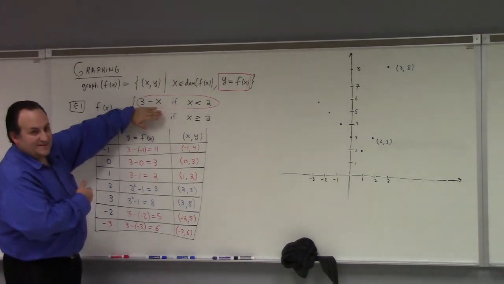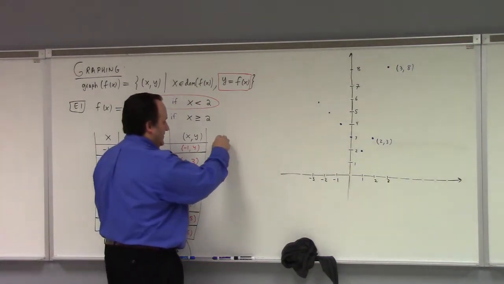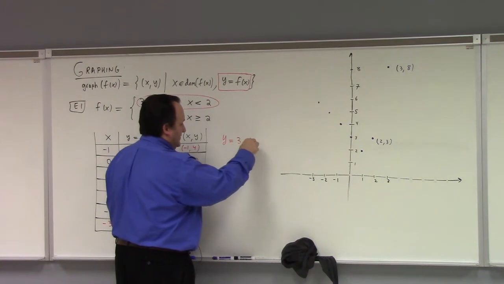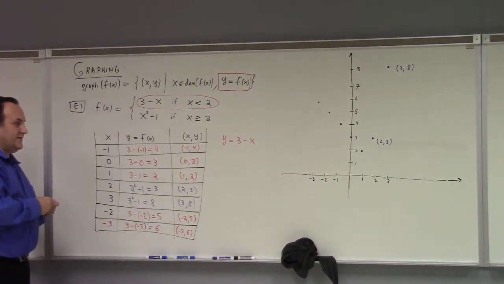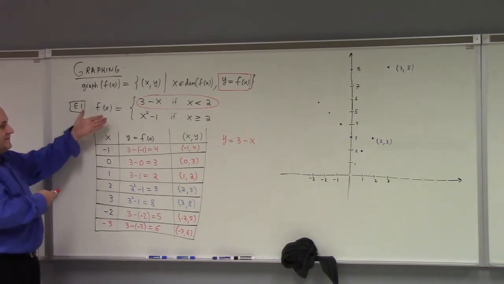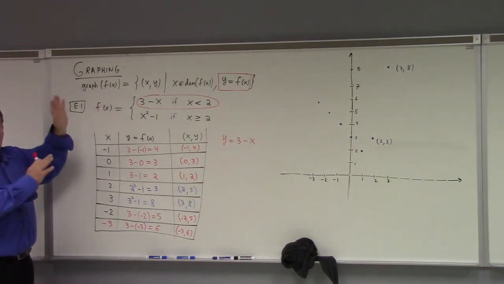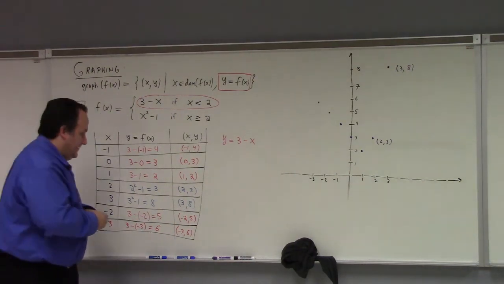Let me write it out. You guys know this. What is y equals 3 minus x? If I had that on the test, this is the slope-intercept form of a line, right? The intercept is 3, the slope is minus 1. It's a line. Now this graph is not a line, not altogether, but the first case of it is, right? So you know how to graph that, right?